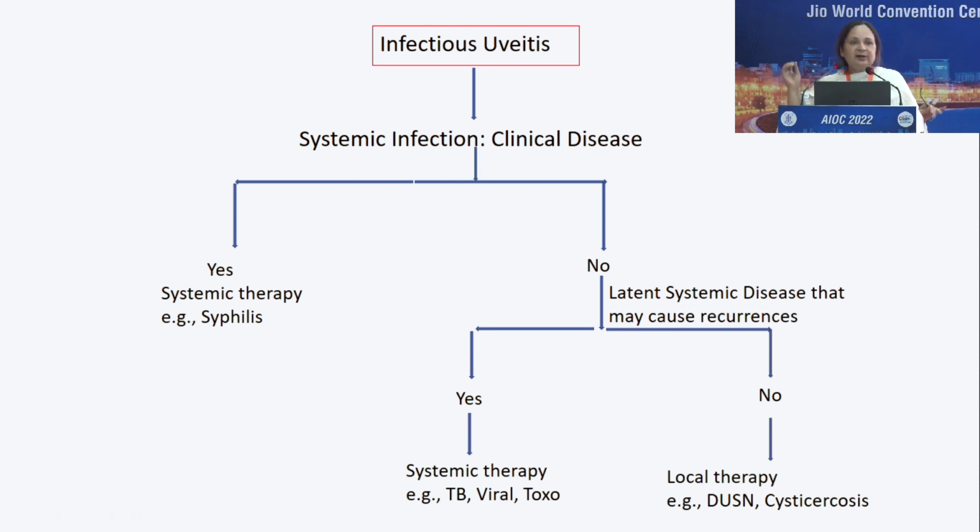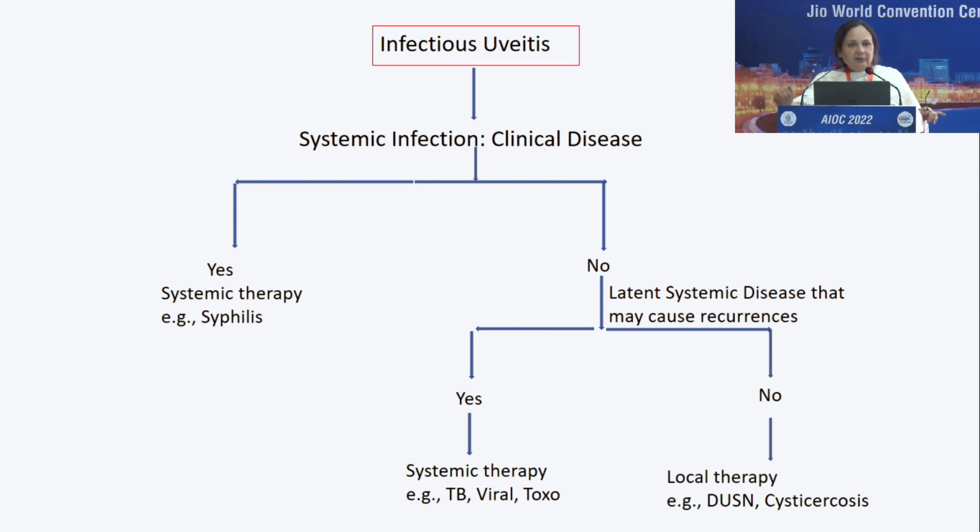And a typical example is TB. When you do tests for TB, they will not come positive or they will be equivocal and there will not be systemic infection of TB. But if you treat TB locally, like Manisha showed you very beautifully, she has been treating granulomas with anti-VEGF and moxifloxacin. We have also treated them about 6 years ago.